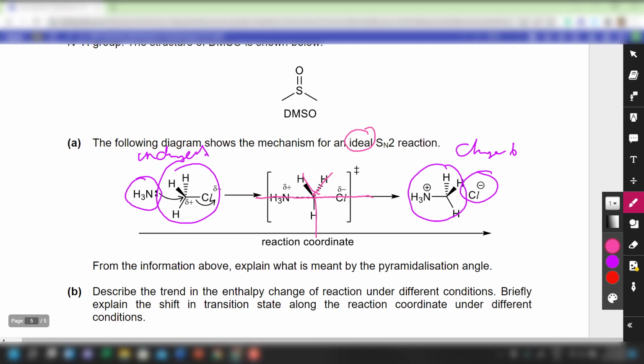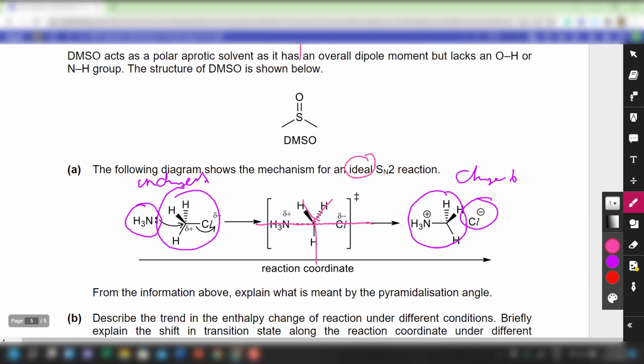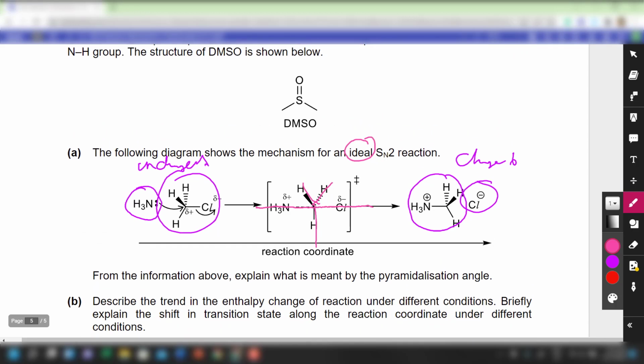So how the CH3 is being distorted or deformed with respect to the trigonal planar geometry in the middle of the transition state. Therefore we are looking at this particular angle. Of course, for an idealized transition state, the distortion angle is 0 degrees, because it is not distorted.